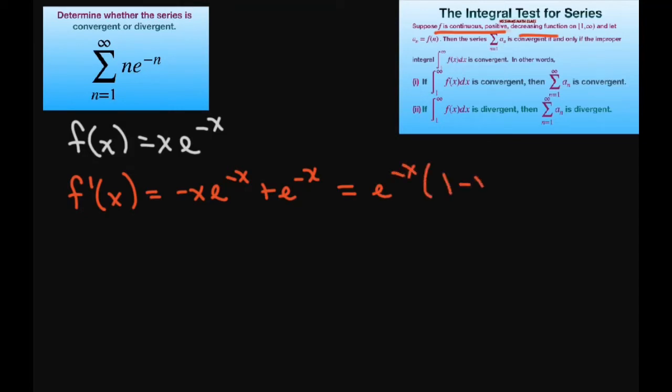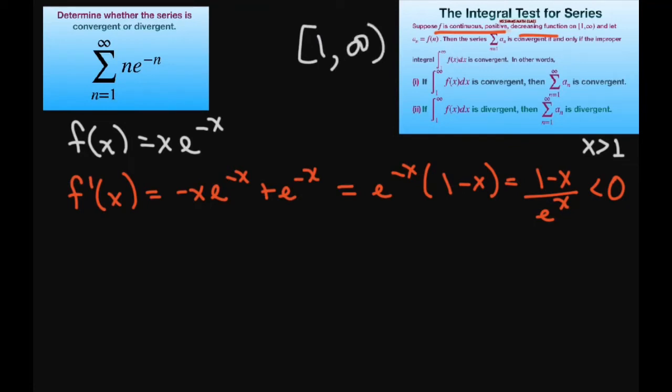This is 1 minus x, which is the same as 1 minus x divided by e to the power of x. This is less than 0, or negative, when x is greater than 1, because our interval is from 1 to infinity. So that means our f is decreasing on this interval.